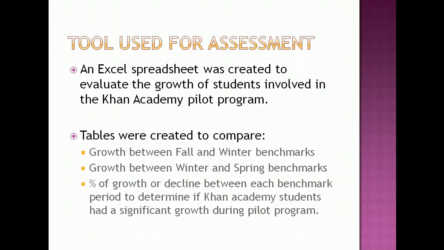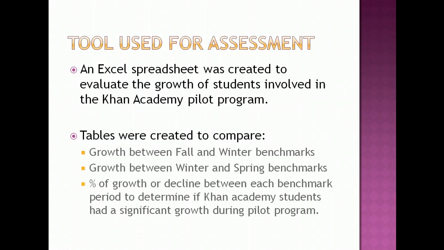My tool that I used for the assessment process was an Excel spreadsheet. Tables were created to compare various things. First, I just wanted to look at the growth between the fall and winter benchmarks, and then the growth between the winter and spring benchmarks.